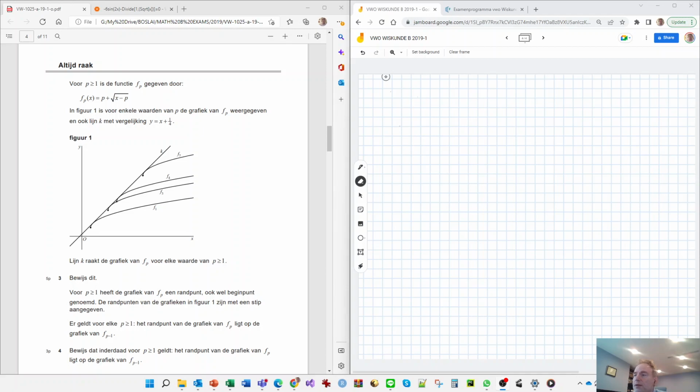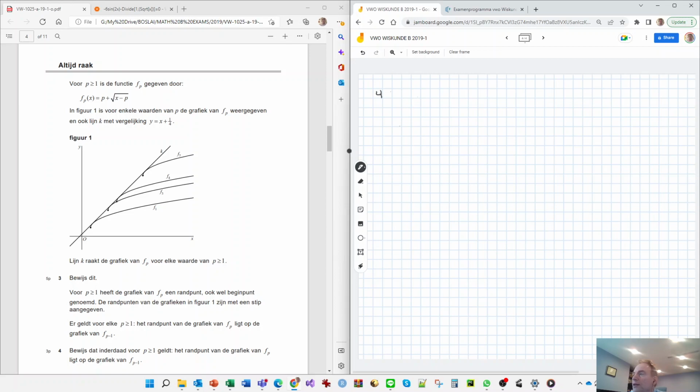That's obviously why they call it a boundary point. And they say for every p greater or equal to 1, this boundary point is also on the graph of f(p minus 1). And then we have to prove that.